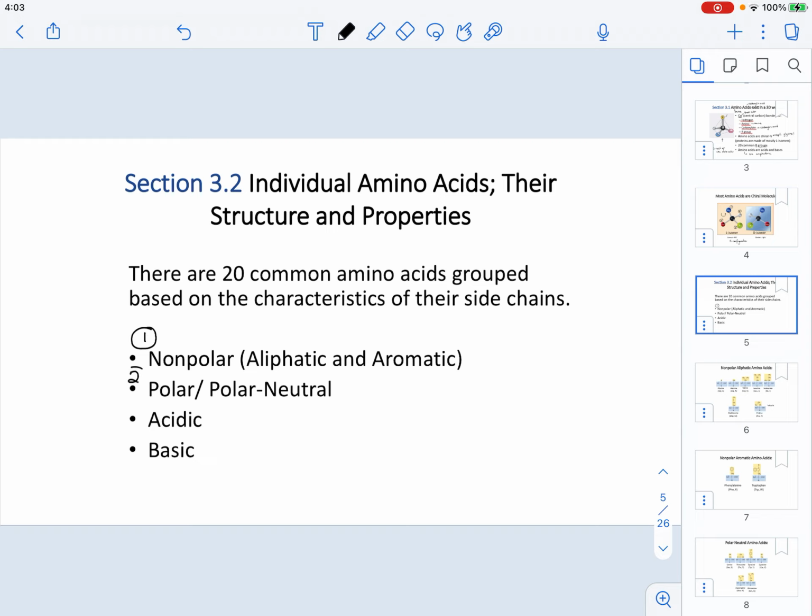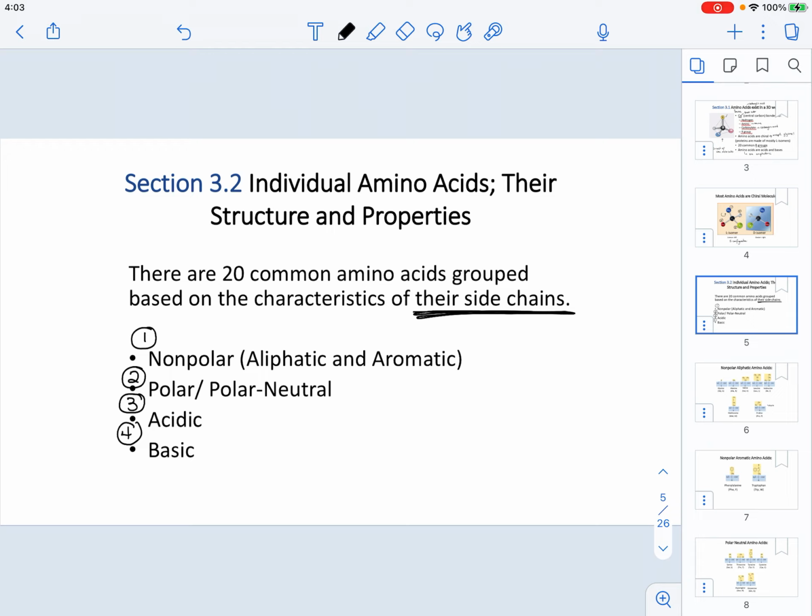We're going to have some amino acids that are polar, and sometimes they are categorized as polar neutral. We're going to have amino acids that are acidic, followed by the amino acids that are basic. Understand that these characteristics are based on the side chains, because remember that every single amino acid has an amino group and a carboxylate group. So these categories are based on the side chains that are present in them.